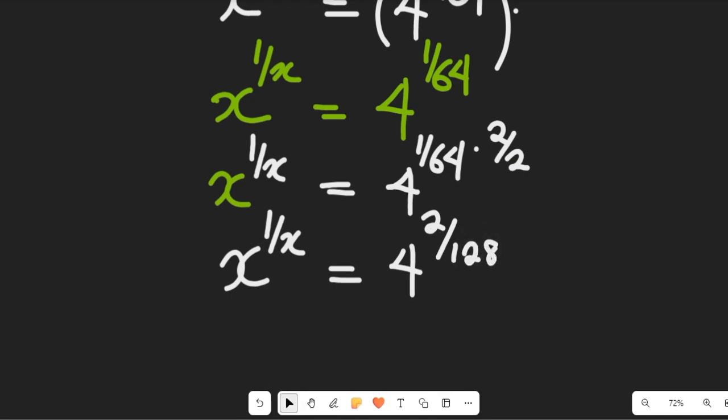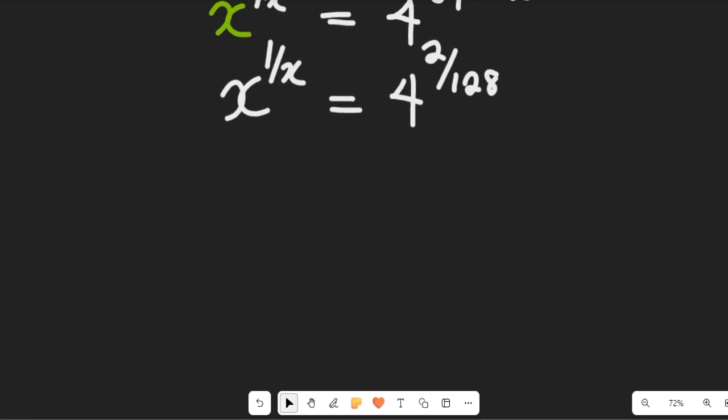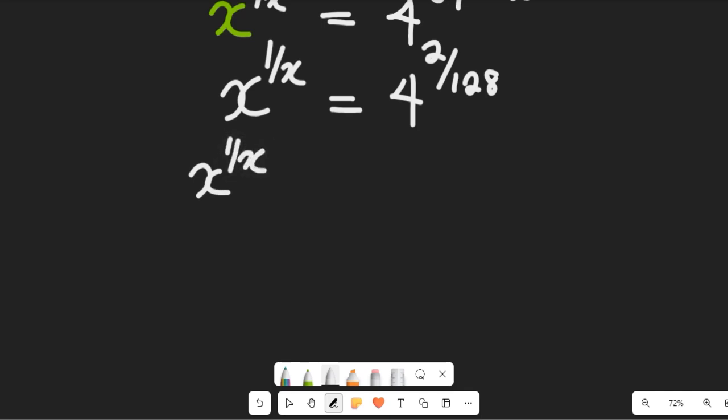So I can reduce that expression. If I reduce that expression, I'm going to have x to the power of 1 divided by x equal to 4 to the power of 2, and that will be all to the power of 1 divided by 128.